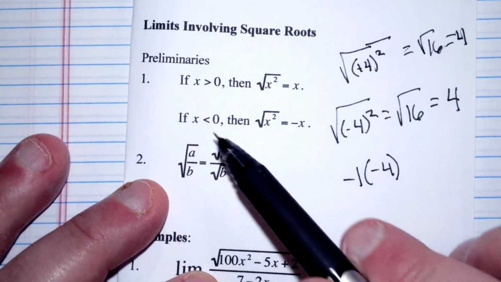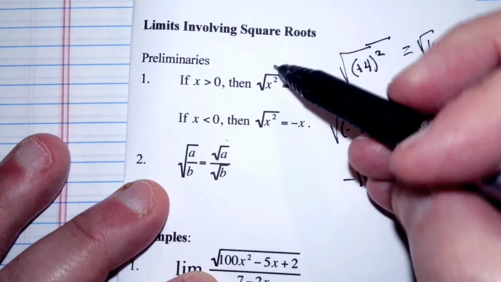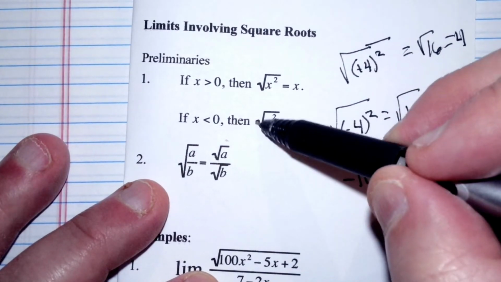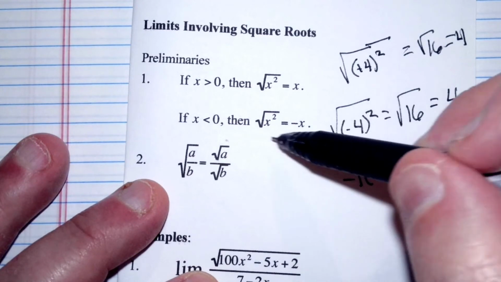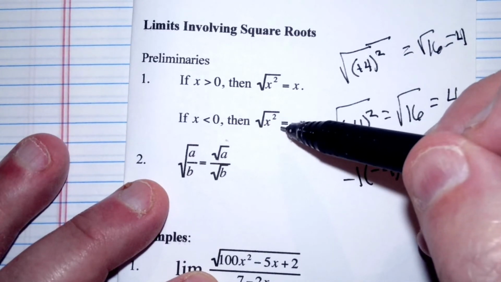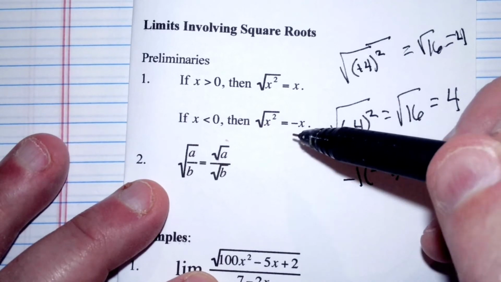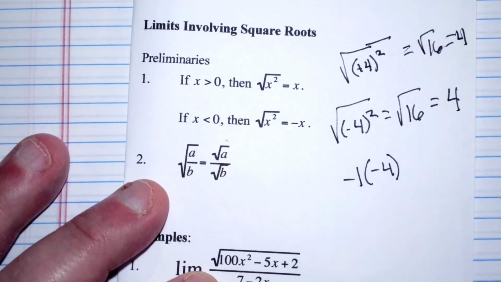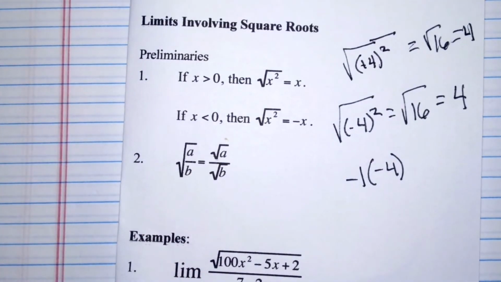So if you're dealing with a negative value of x, radical x squared is going to be a positive value, and x itself is going to be negative, so minus 1 times x is going to be positive. So you need to keep the signs in mind.